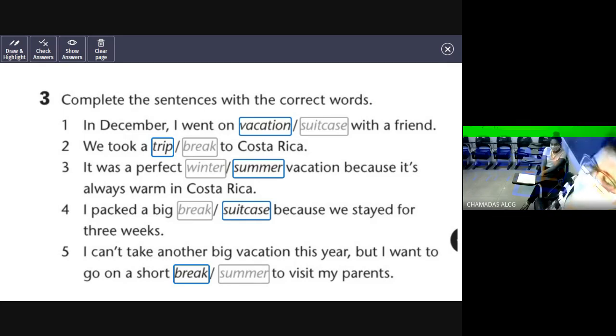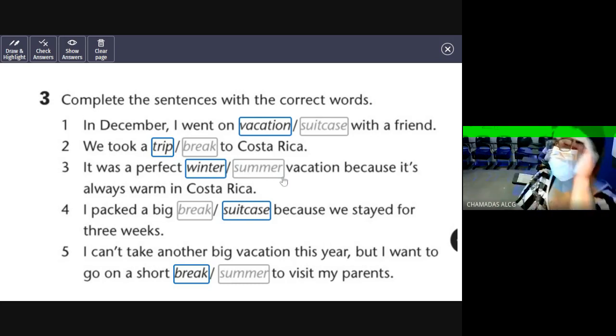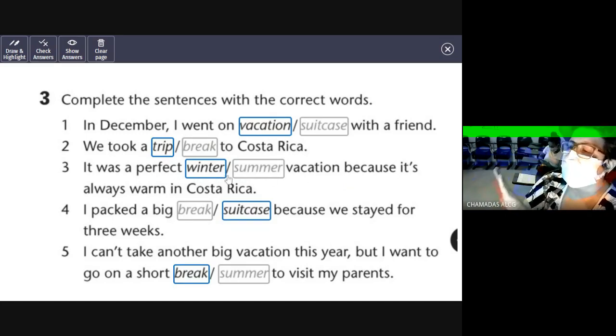Yeah, and here, yeah, maybe. Okay, but it's a little contradictory. Yeah, perfect winter vacation because it's always warm in Costa Rica. Okay, guys, whatever. Eu queria poder deixar mais claro. Yeah, this is not very clear. This sentence here is a question mark because it depends on the person. Perfect, it's very subjective.